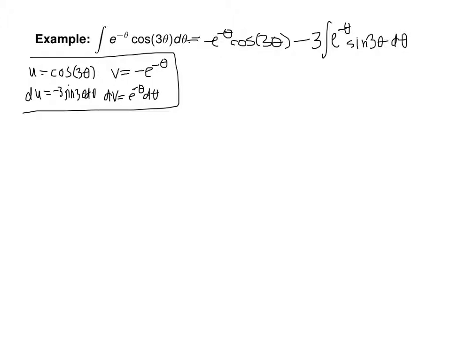And now we're going to do it one more time. So we'll let u equal sine of 3 theta. du will equal 3 cosine 3 theta d theta. dv, once again, is e to the negative theta d theta, and v is negative e to the negative theta.